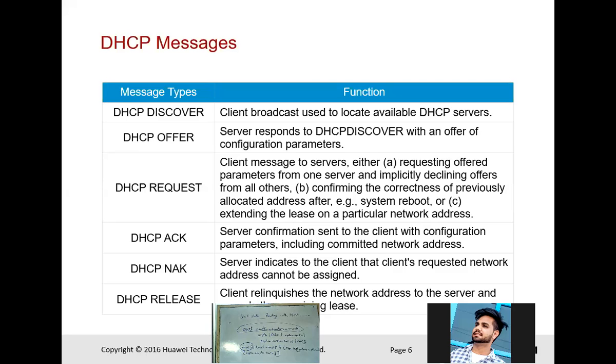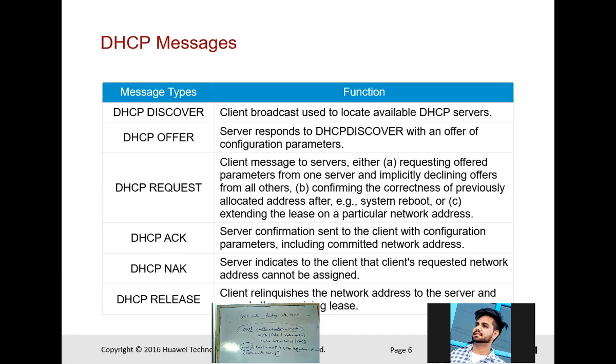Then DHCP request. It confirms the first IP address that was given in the DHCP offer, sent as a broadcast. If a system is rebooted, in that case it doesn't go to DHCP discover and DHCP offer, it goes directly to the DHCP request. Then it is DHCP acknowledgement, ACK.